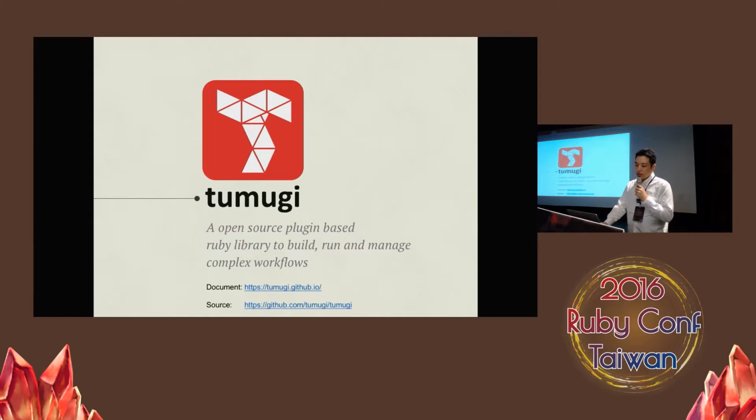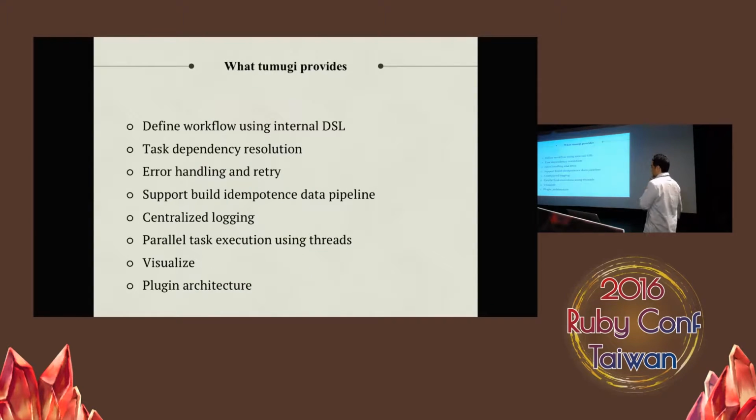The features Tsumugi provides are like this: define workflows using an internal DSL. This is a very important point. We can define the workflow, meaning a data pipeline, using Ruby code. So we can version control it by Git or GitHub, and it is easy to integrate into the current CI or CD flow.